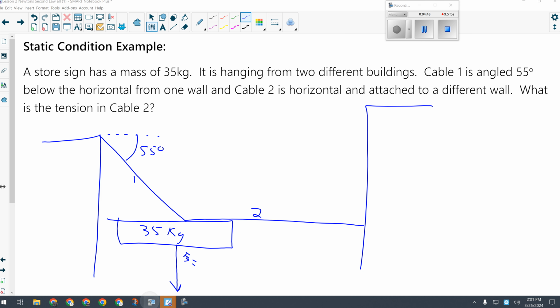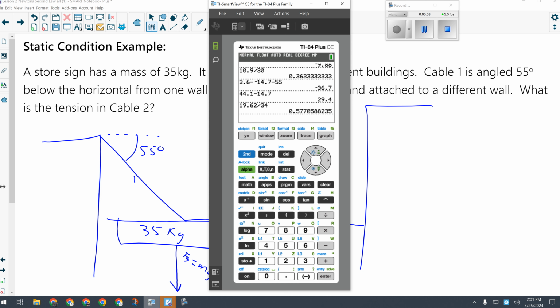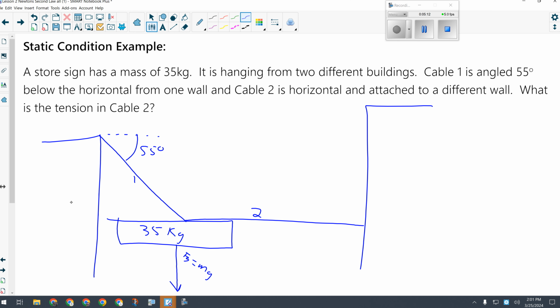All right, so the force of gravity is 35 times 9.81, m times g, right, which we'll put there. 35 times 9.81. So we're looking at 343.35.